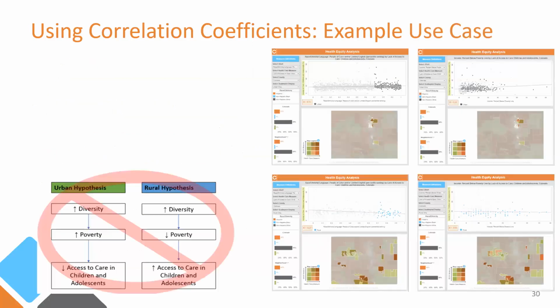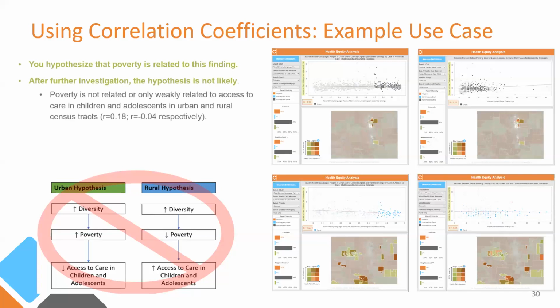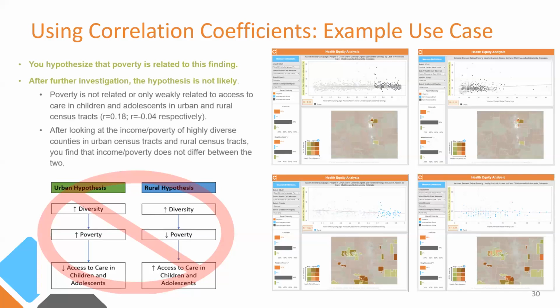So next slide, please. To take a look at whether this hypothesis is likely or not, we're going to use the dashboard. You hypothesized poverty was related. After further investigation, you think, oh, this isn't very likely. You can select census tracts by clicking and dragging on the dashboard.